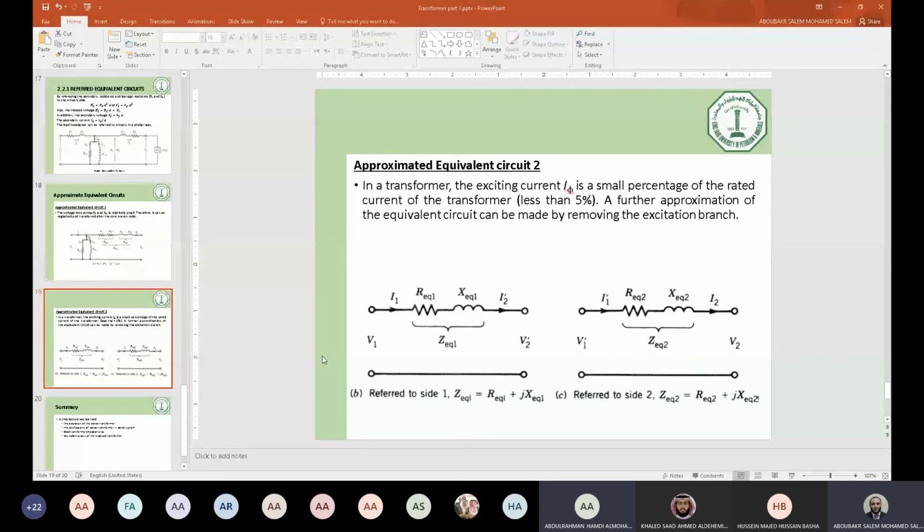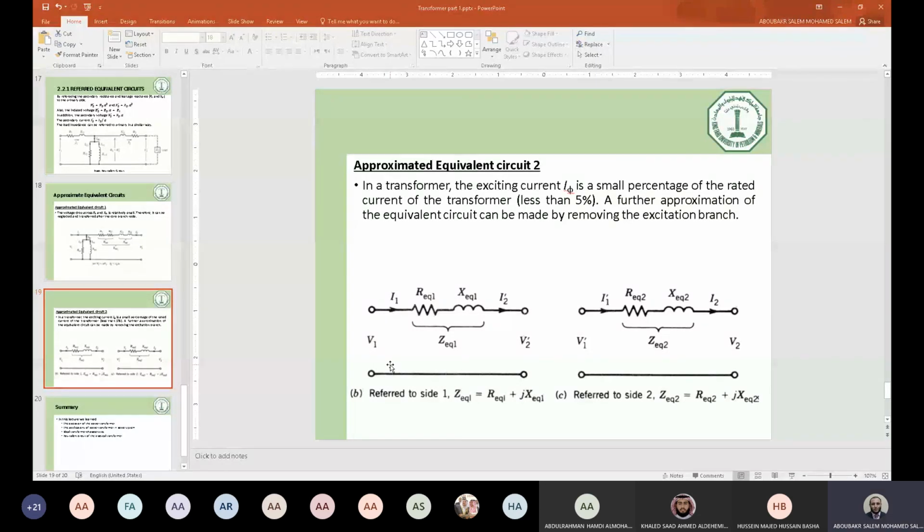So we try to simplify as much as possible. However, there are some basics we cannot neglect, like the resistance itself, okay, like the core loss. Here, although we already removed the branch of R core from the circuit, in power calculation we have to consider R core.